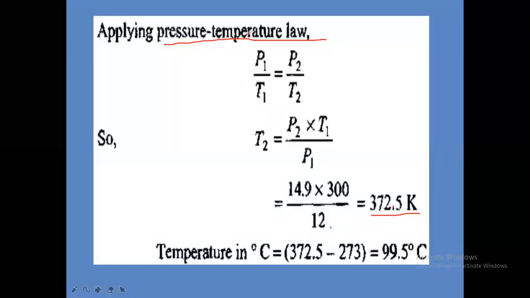But in the formula, T1 value should not be taken directly in centigrade temperature. Remember, we have to always convert the given centigrade temperature in the problem into Kelvin. Then only we have to calculate. After that, finally we get the temperature in Kelvin again. From this Kelvin temperature, we have to subtract 273 to get degrees Celsius. Okay, ma'am.